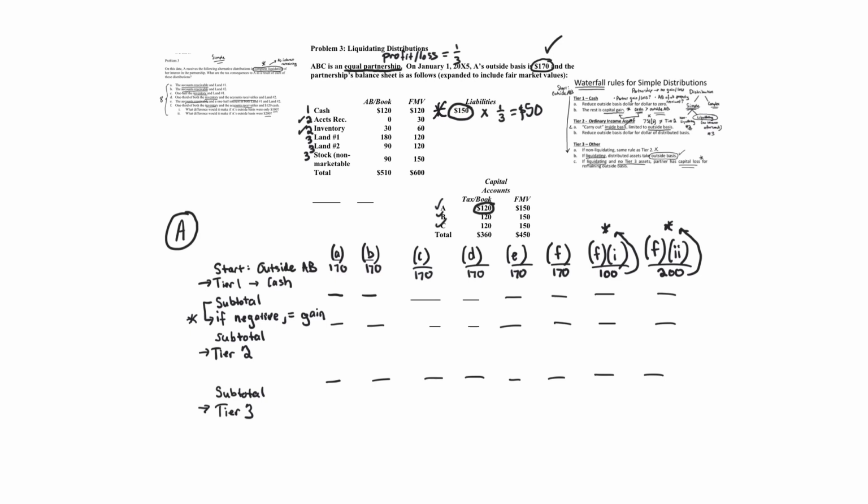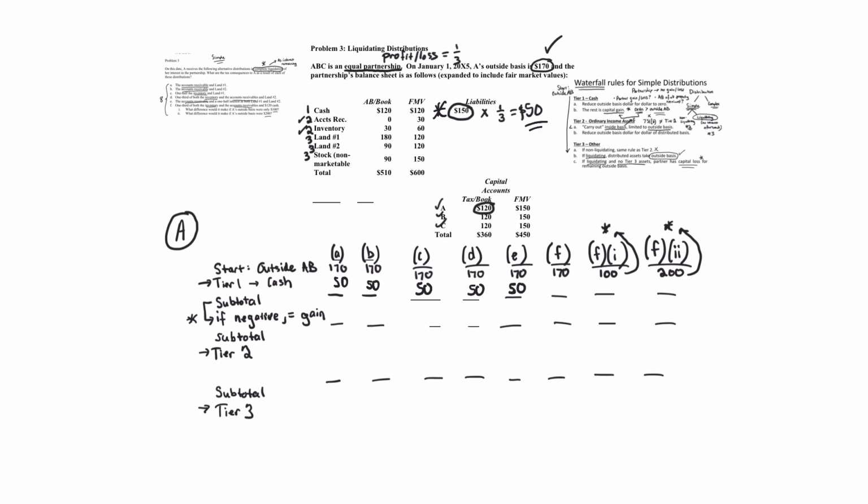If A is leaving the partnership and A is responsible for $50 of liabilities, the tax law in Section 752 under the regs treats this as a constructive distribution of cash. So A is receiving $50 of cash in A, B, C, D, and E. Now in F1 and F2, A actually gets cash, so we'll keep those for later.